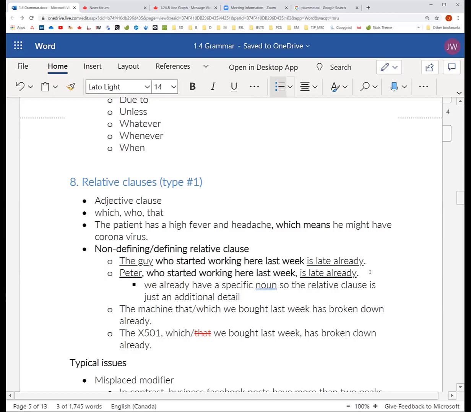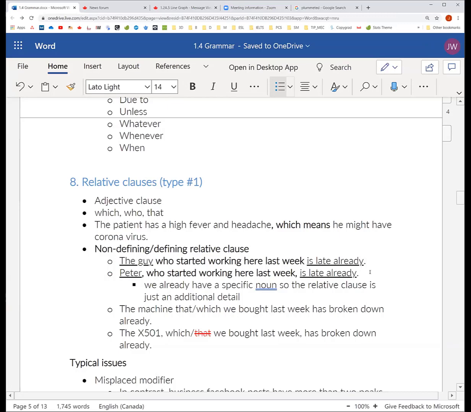Yeah, because the second one, it's not like a complete sentence or independent clause. Because there is a noun, I think. Well, they're both nouns. The guy is a noun. Peter's a noun. The guy is late already. This is an independent clause. And then Peter is late already is another independent clause.